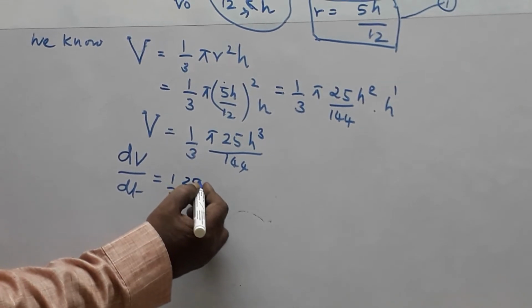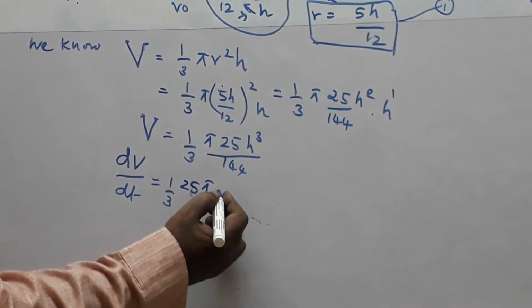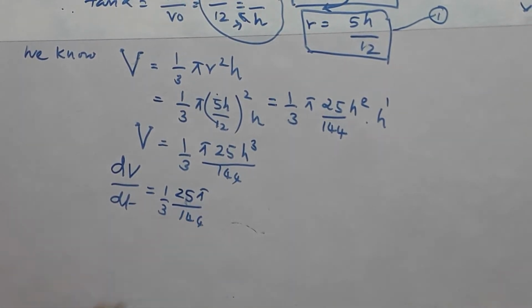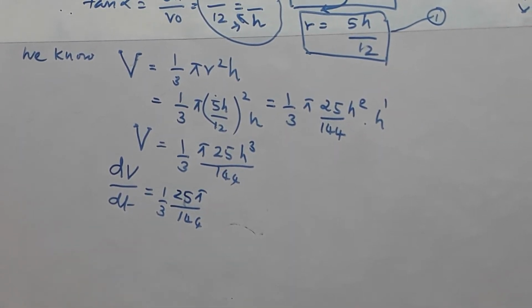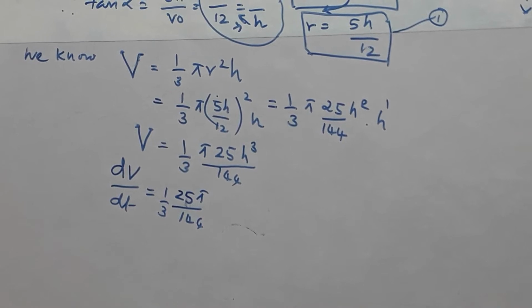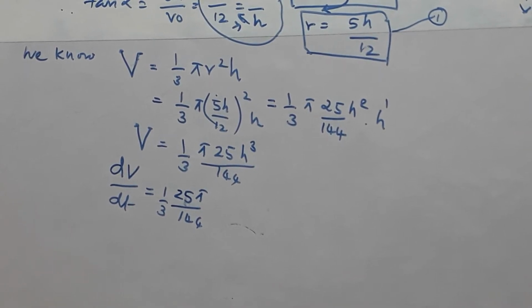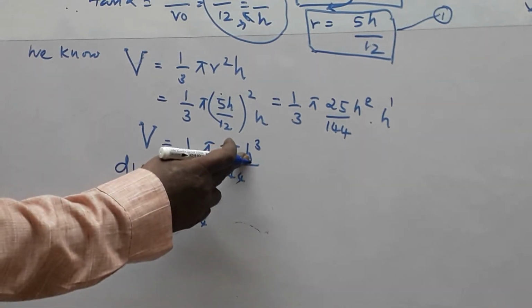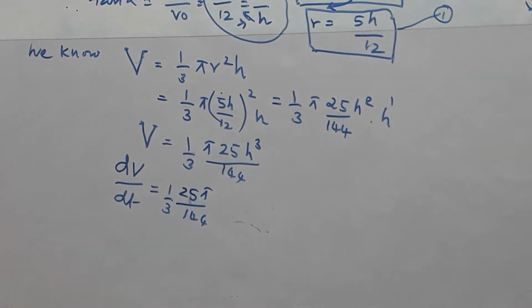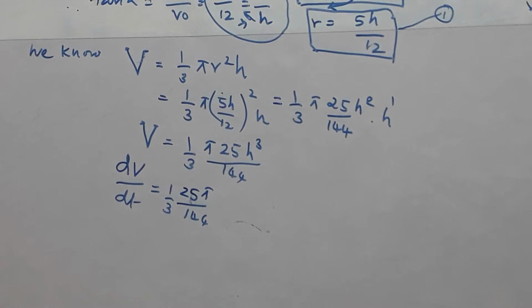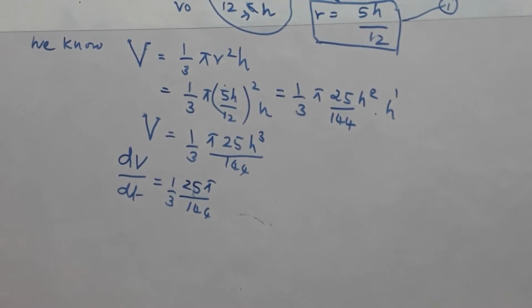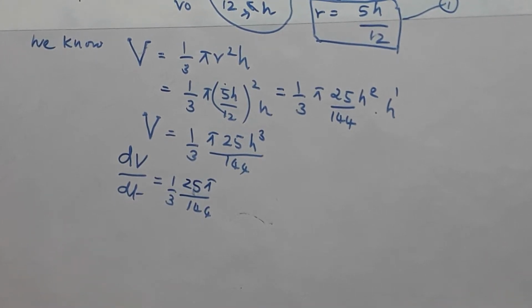25 pi divided by 144. Here the variable is, what is a variable? h. You have to differentiate with respect to t, dV by dt.